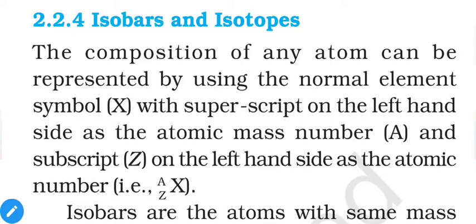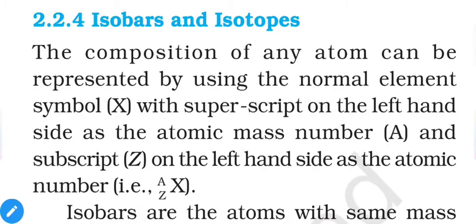The composition of any atom can be represented using the normal element symbol, let us call it X, with the superscript on the left-hand side as the mass number A and the subscript Z on the left-hand side as the atomic number. As in the example, X with A as a superscript and Z as a subscript on the left-hand side.